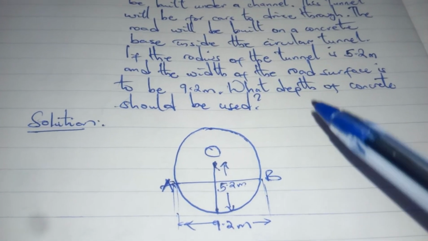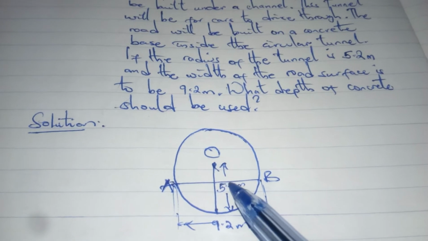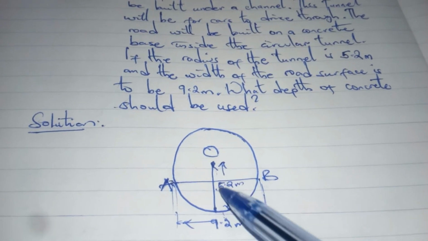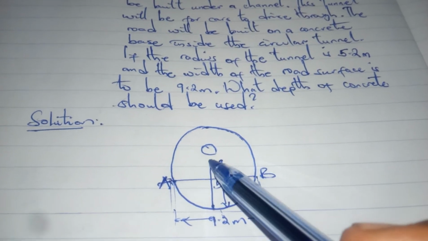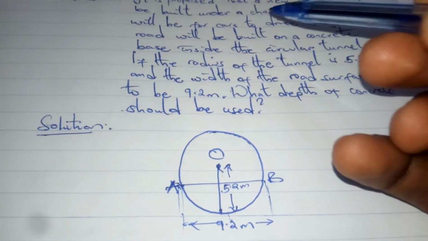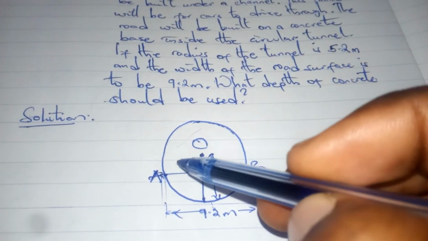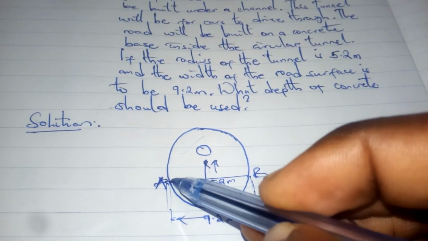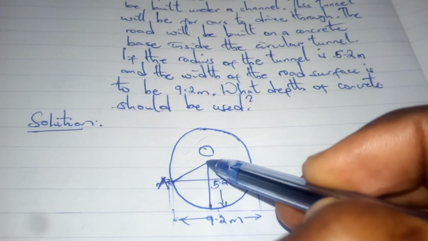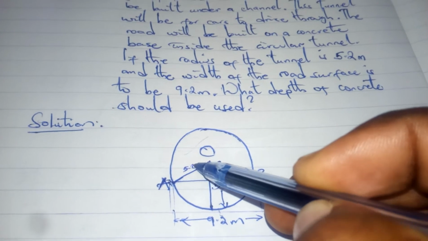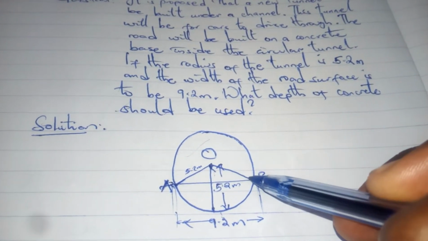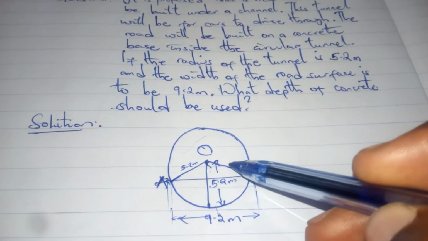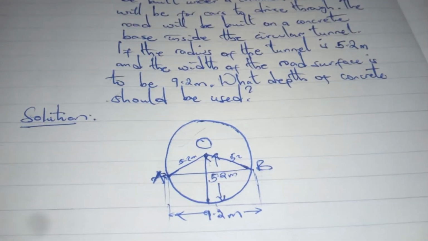And now remember, they've said that the radius of the circular tunnel is 5.2. That's from the center to any point on the circular outline. So you can realize that this one will be 5.2 meters, as well as this side. Let's try to join that. 5.2 meters.